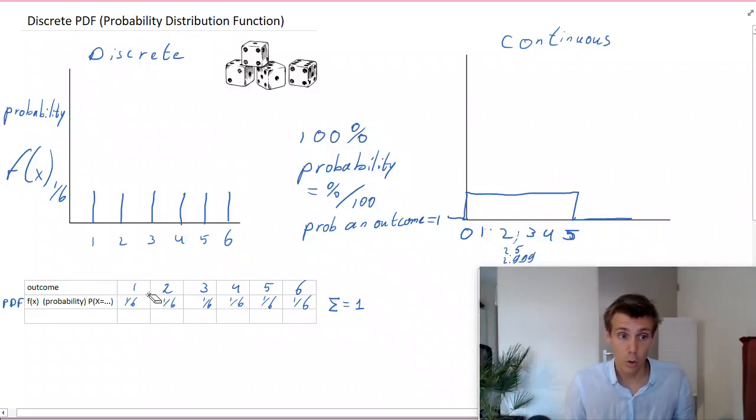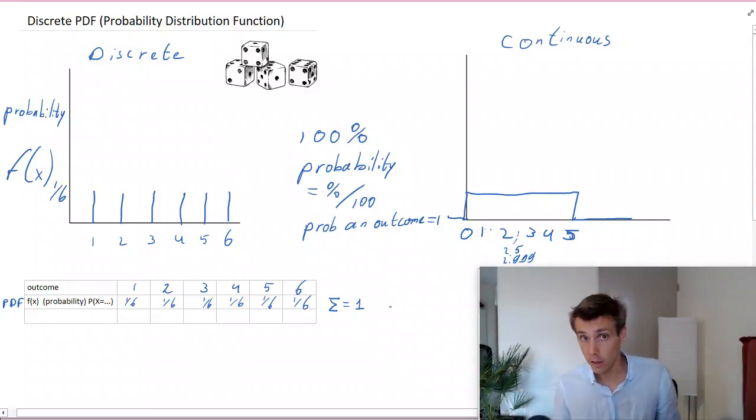You see the outcome 1, 2, 3, 4, 5, 6, and below the probability 1/6 for all. And what's important, if you sum up all these probabilities, you always get to 1, and 1 times 100 is 100%. So there will always be an outcome. It could be a positive outcome, a negative, but if you have all the outcomes together, it will be 100%.